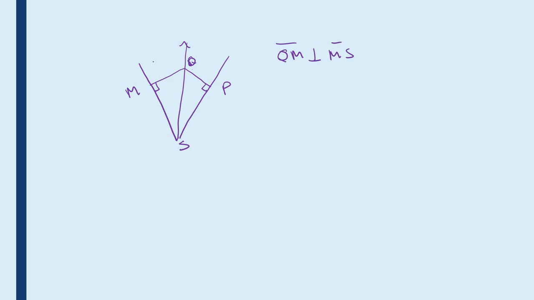So let's look again at what this might mean for us. If we have a diagram, and I know that QM is perpendicular to MS, and I know that QP is perpendicular to SP, and if I know that these two angles, angle MSQ is equal, we could also say they're congruent, in measure to PSQ.